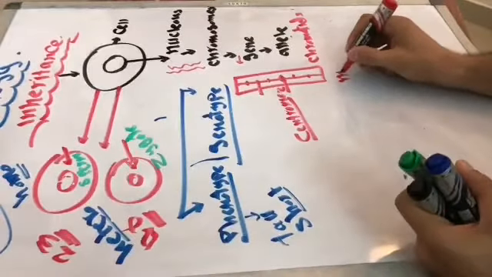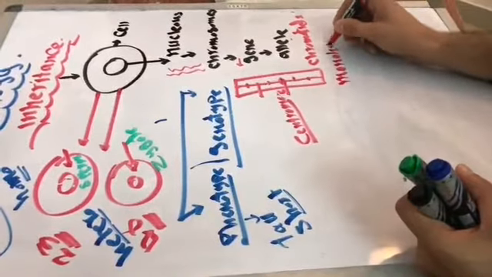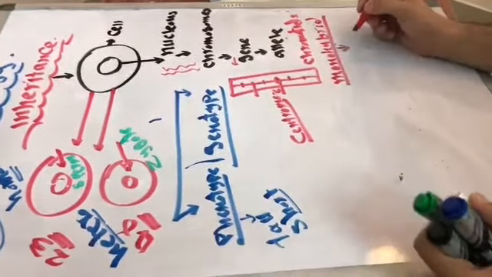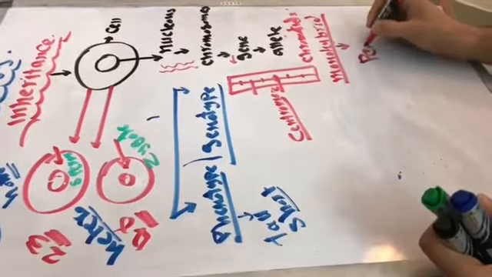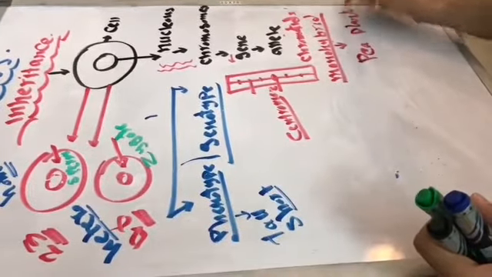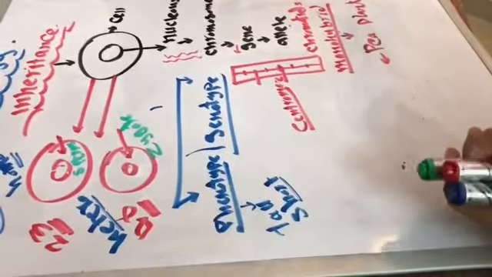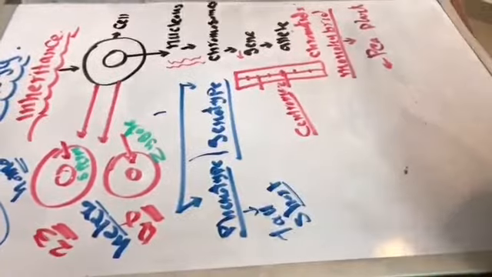Monohybrid: this is one point about one characteristic of the pea plant that Mendel studied, and we start to make a genetic diagram, a cross between them.